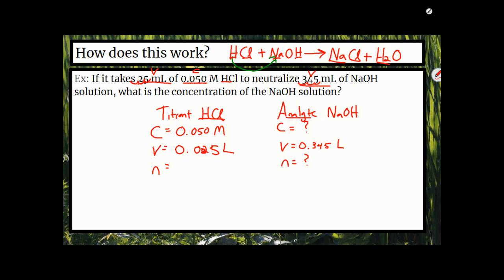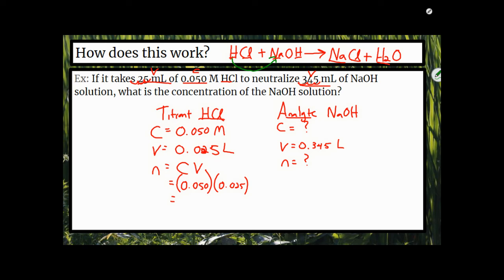So to get the number of moles, I can multiply concentration times volume, which is going to be the 0.050 times the 0.025. So grabbing my calculator here, my number of moles is going to be 0.050 times 0.025.